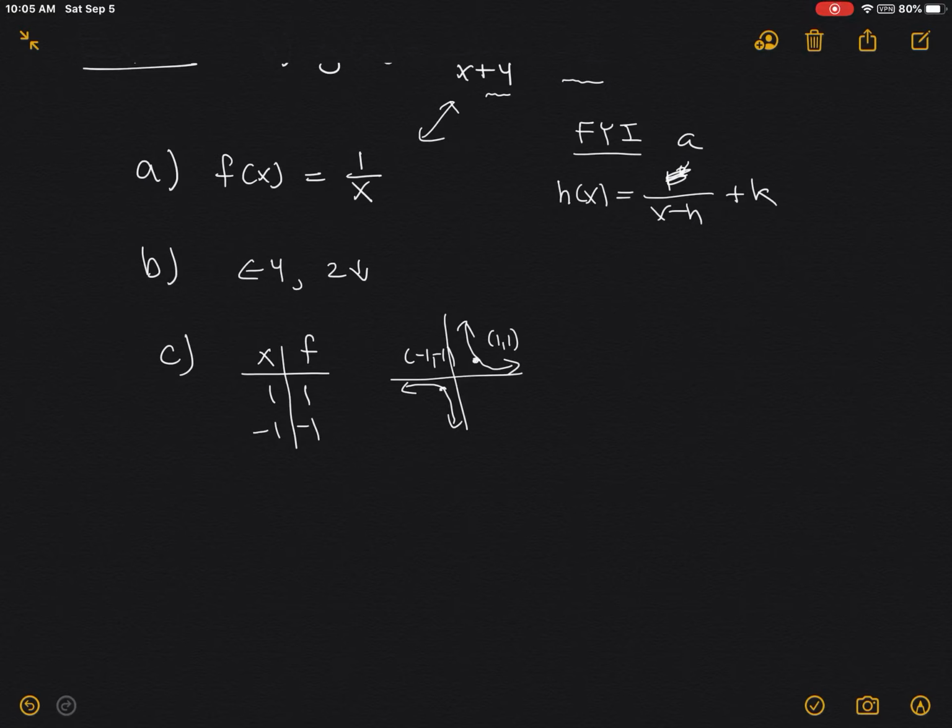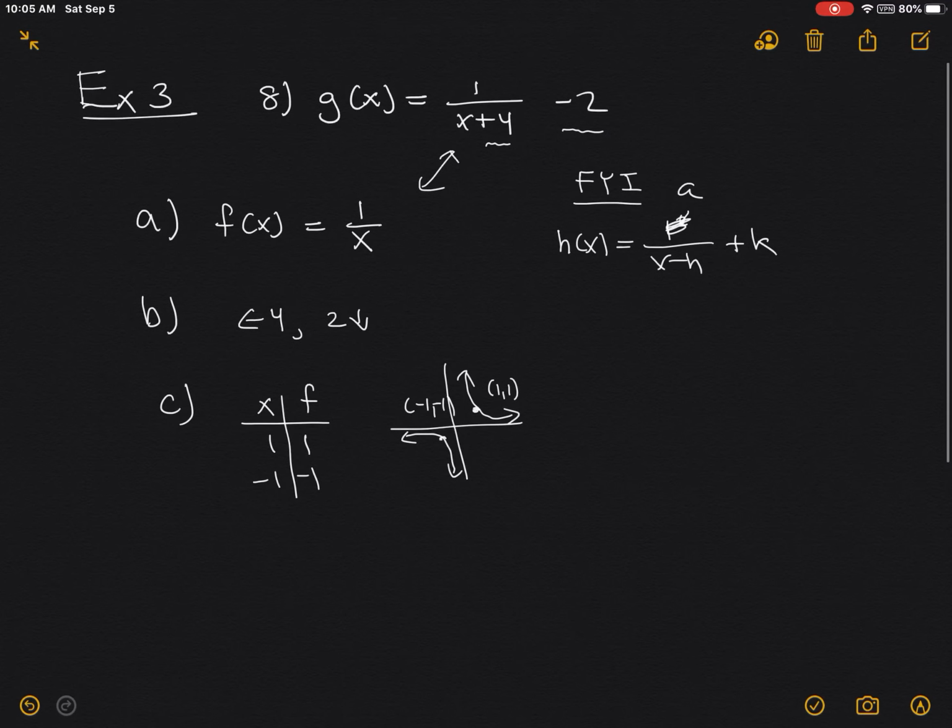So those are the points that I get from my graph. Just like I did in the previous video, because I'm shifting it 4 units to the left and 2 units down, for the x values I subtract 4, and for the y values I subtract 2.